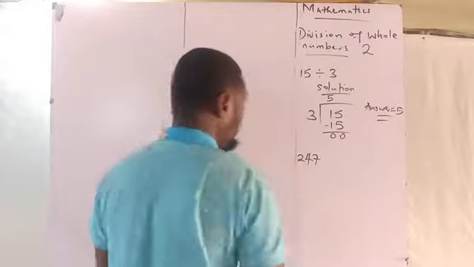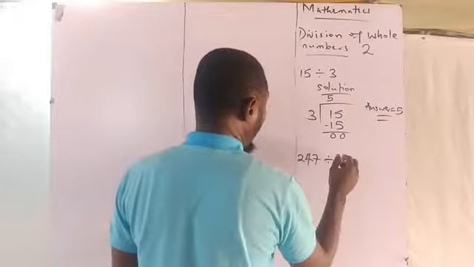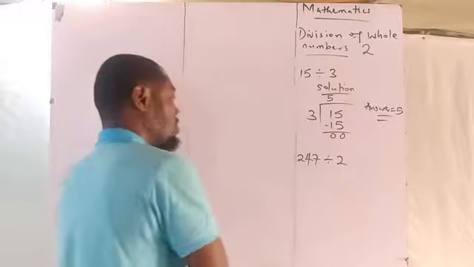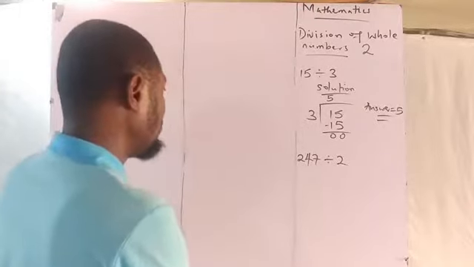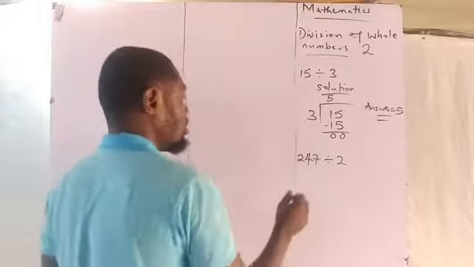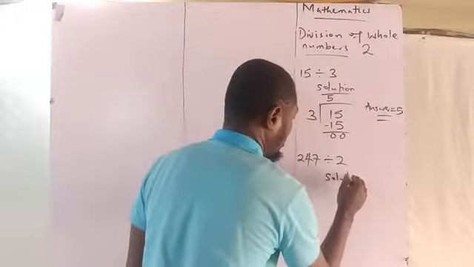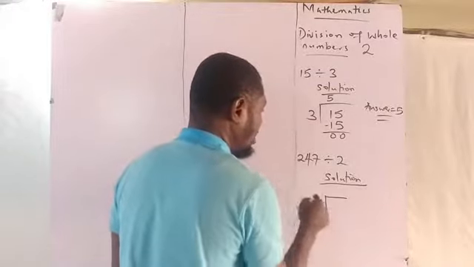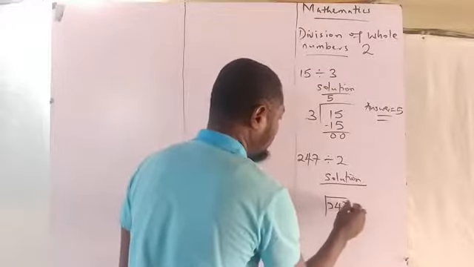Let's take another example. 247 divided by 2. Solution. Using the long division method, put the dividend inside, 247.